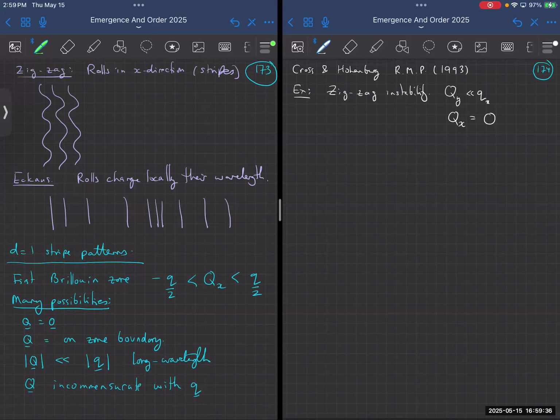And then if I look at the Eckhaus instability, qy is now equal to 0, and qx is much less than little qx. That gives rise to the pattern I've shown on the left, and you can then work out the dispersion relation.